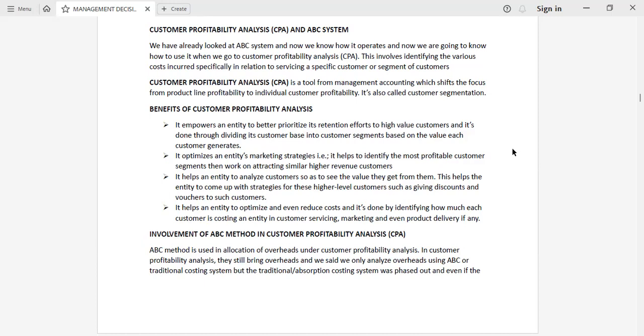What will happen is that as the institute, after realizing that the CPA is the one that is more profitable, instead of spending all the time providing other courses that are generating lesser profits or bringing in fewer sales, we can spend more time and resources on the CPA that provides more profits.